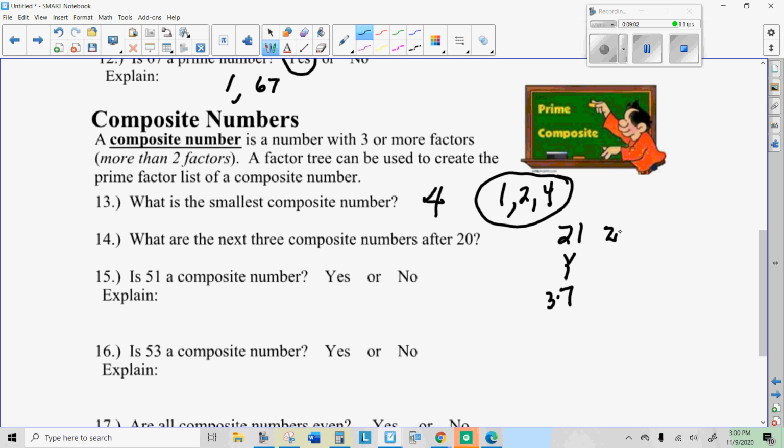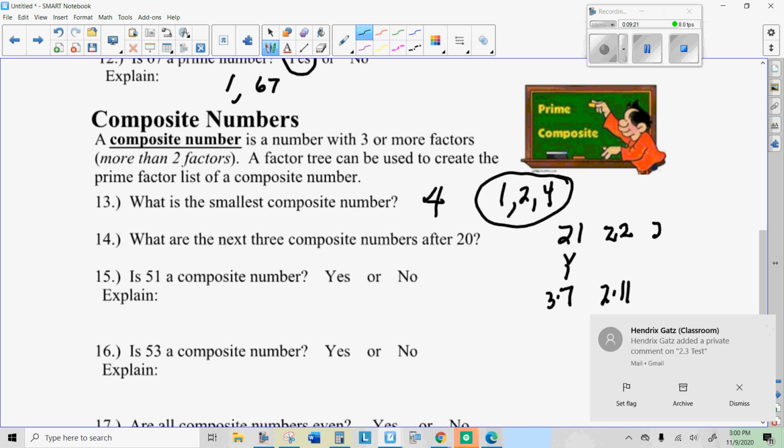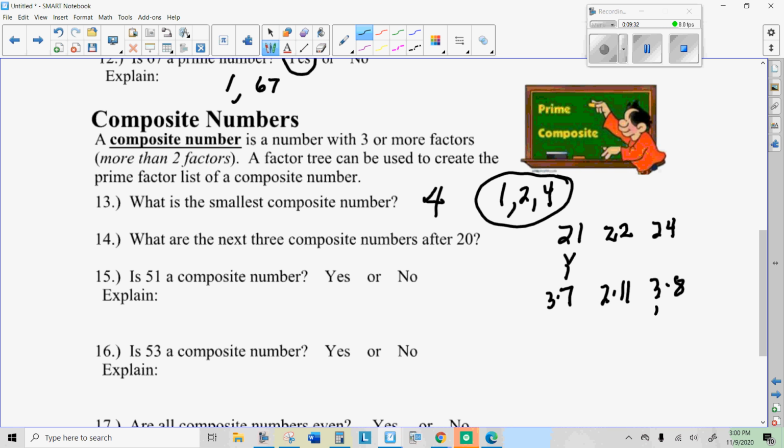Okay, 22 will be composite because it's even, so there's something times 2 that equals 22, which is 11. 23 is prime because there are no other numbers other than 1 times 23 that give you 23. And 24 is composite because you could do 3 times 8 to get 24, 4 times 6, 2 times 12. There's all kinds of ways. So those are the next 3 composites.